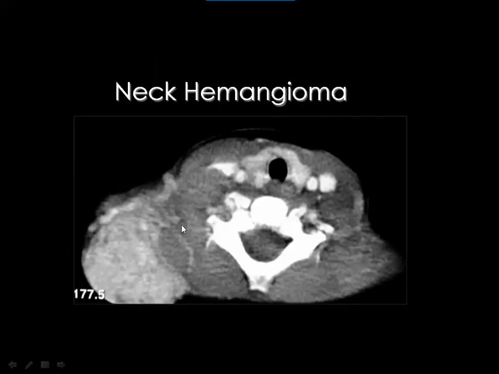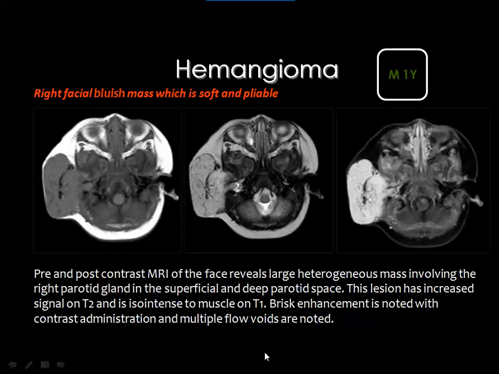And this is an appearance of a classic hemangioma in the neck, showing a strong contrast uptake. And this is hemangioma by MRI T1 weighted image. You see vascularity inside the tumor, and T2 weighted image, and it is the strong enhancement in the T1 post-contrast fat suppressed image.